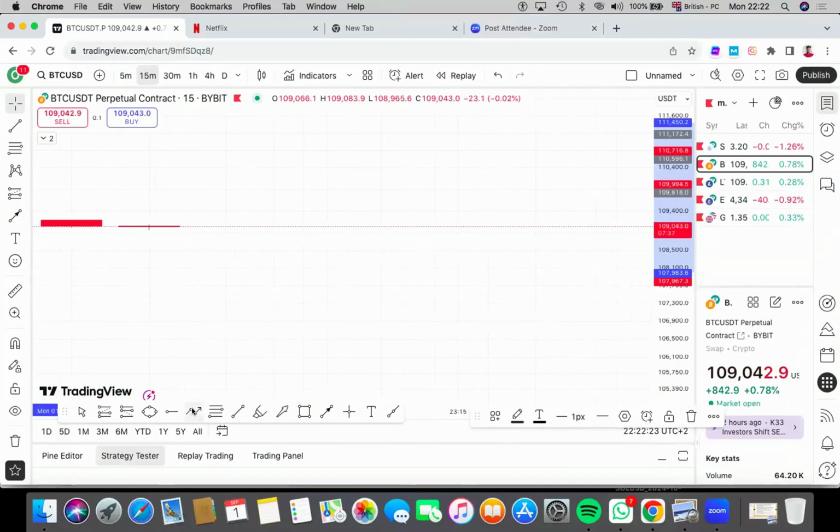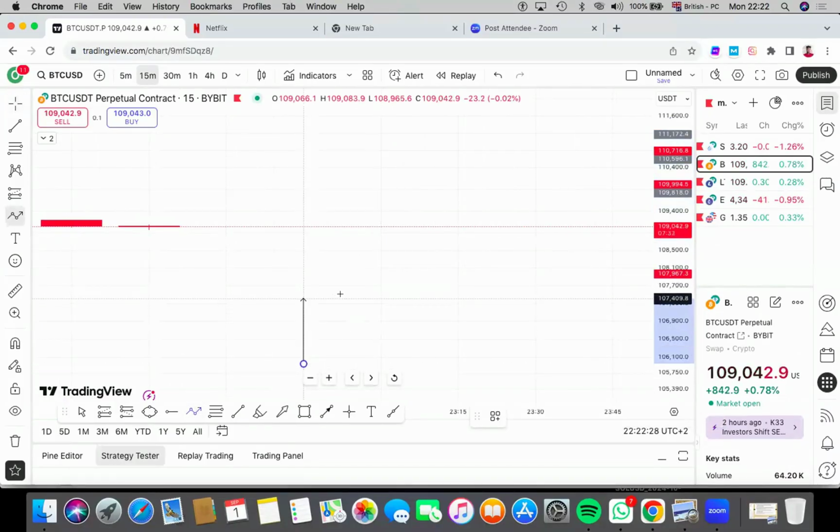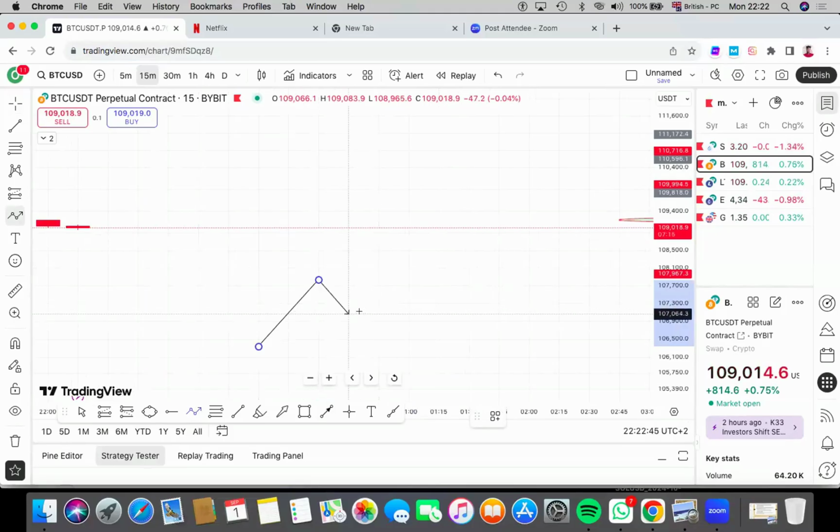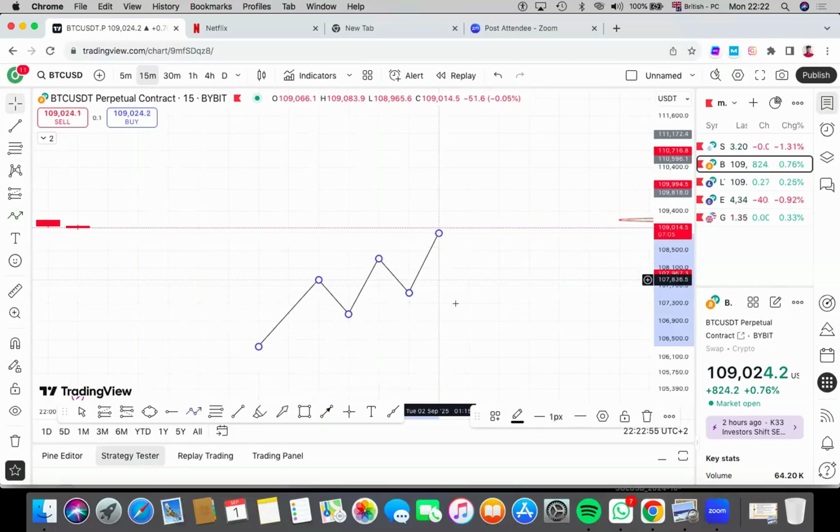We have a trend, which is bullish. So let's say we have a bullish trend like this. You will agree with me that this is a bullish trend.